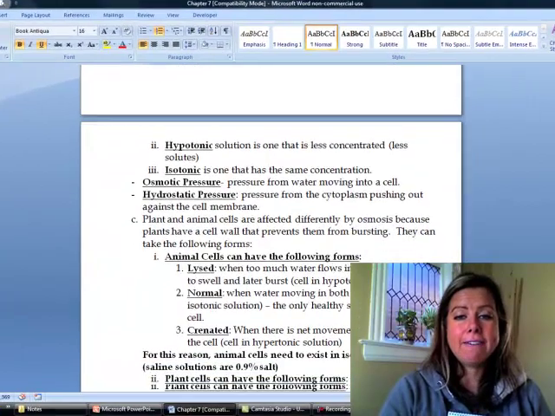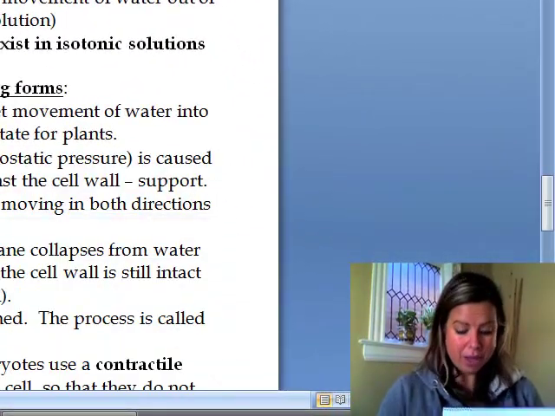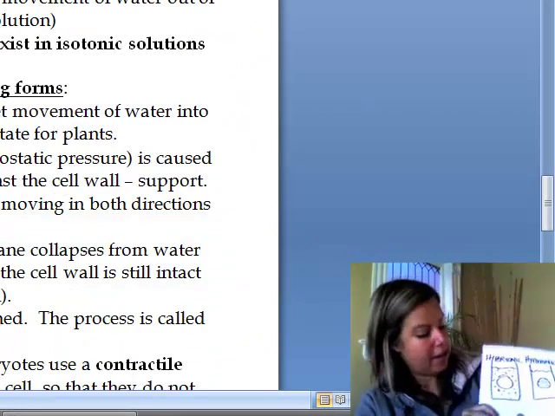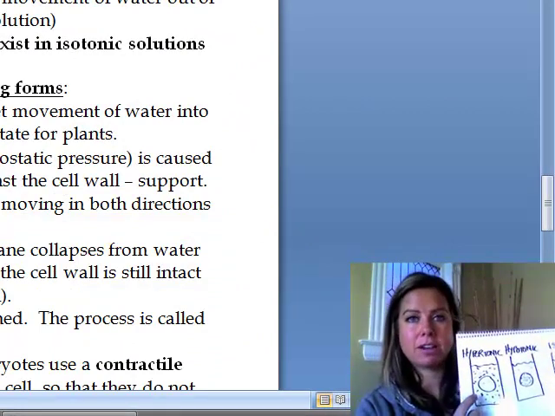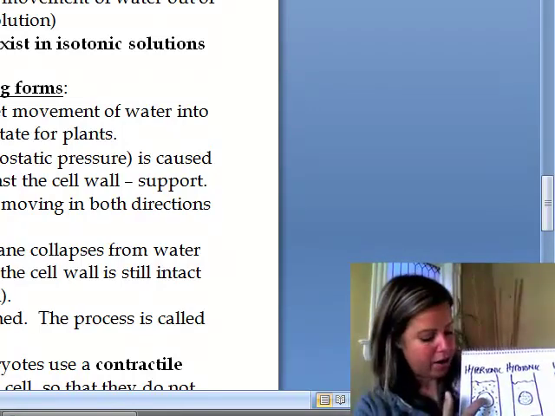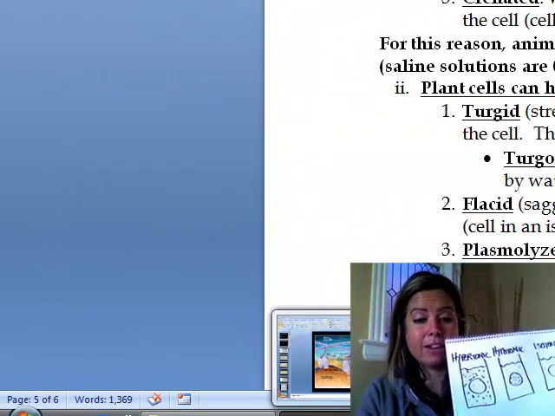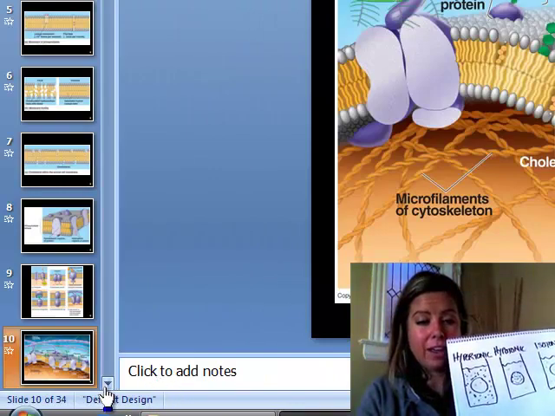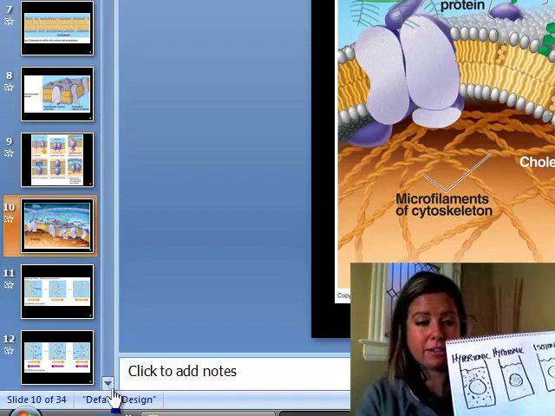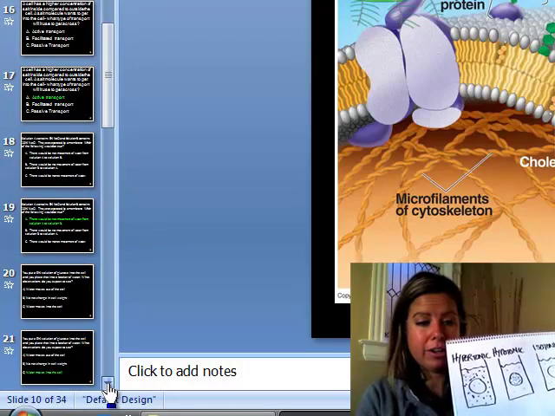So if you have an animal cell, that does not have a cell wall. So what's going to happen in this situation, a hypertonic solution, to an animal cell is we said the water is going to exit the cell. So the cell is actually going to shrivel up and do something called crenating. And I have a picture of that somewhere in here.